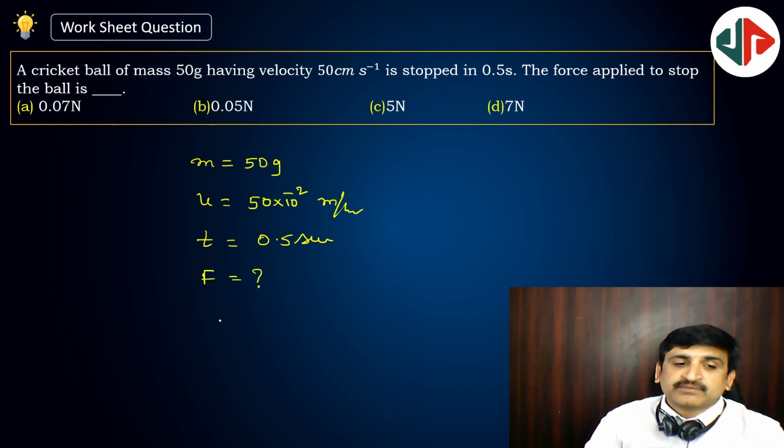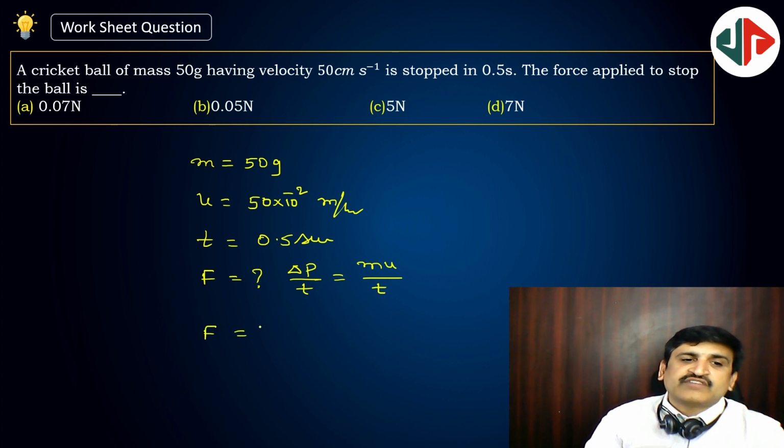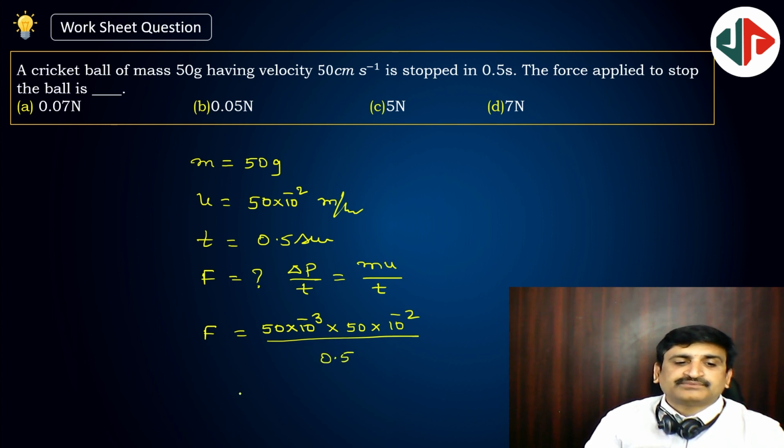F is equal to change in momentum by time. Mu is the initial momentum, final is 0, so change in momentum is mu by t. So F is equal to m value 50 into 10 to the power of minus 3, into u value 50 into 10 to the power of minus 2, by time 0.5.